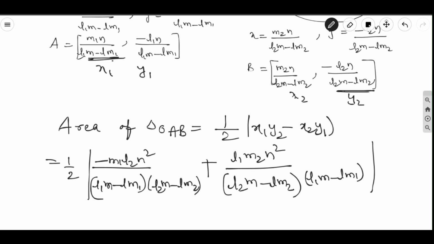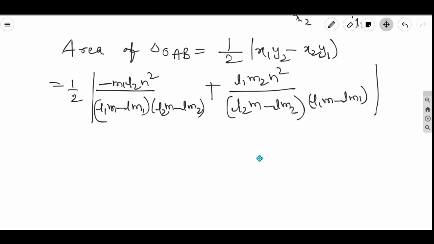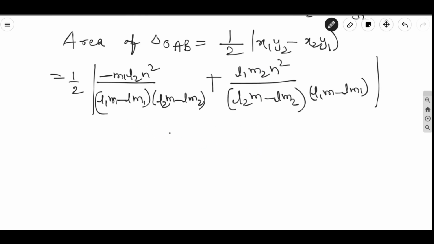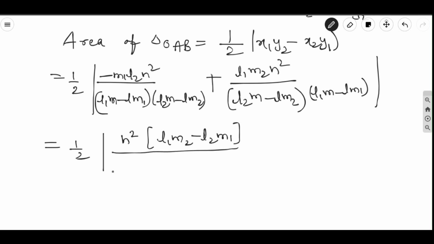This is the value x1 y2 minus y1 x2. One is negative, one is positive. Here the denominator terms are the same. Simplify the numerator. 1 by 2 modulus of n square is common, L1 m2 minus L2 m1 by L1 m minus L m1 into L2 m minus L m2.